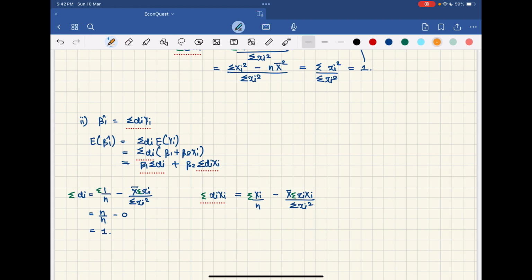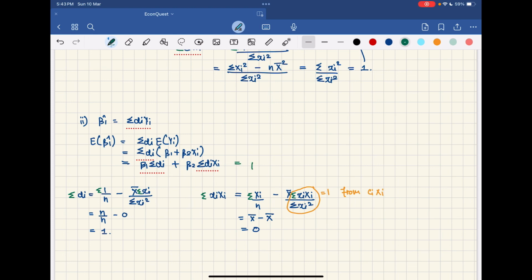Now observe that this term equals to 1 from your ci xi, right? So it means this becomes equals to x bar minus x bar equals to 0, right?